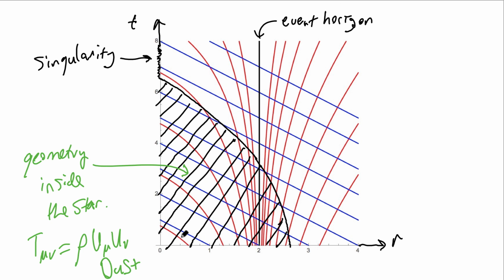So I'll first write down the interior solution, and we'll verify that it satisfies the matter equations of motion and the Einstein equations. And then we'll worry about how that interior solution is joined together along the surface of the star with the exterior solution, which is Schwarzschild. So this will be the solution for a collapsing ball of dust.